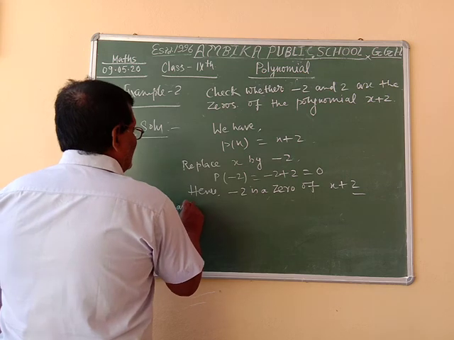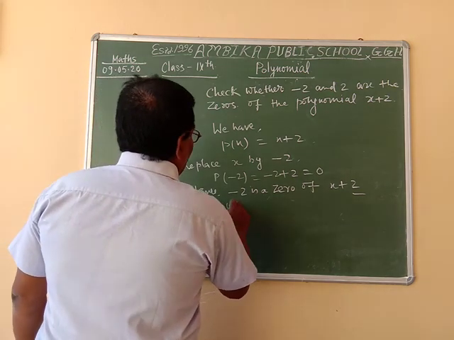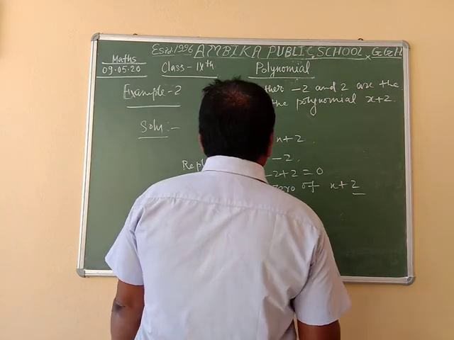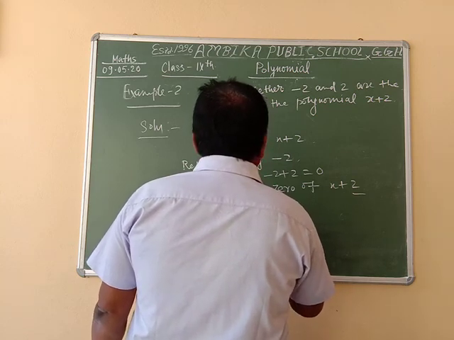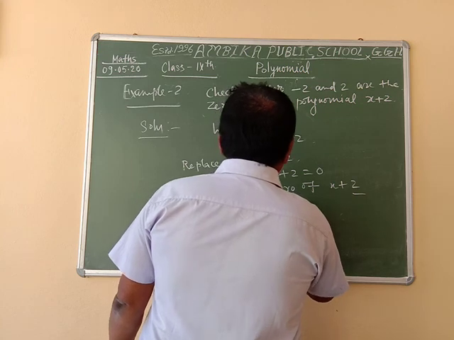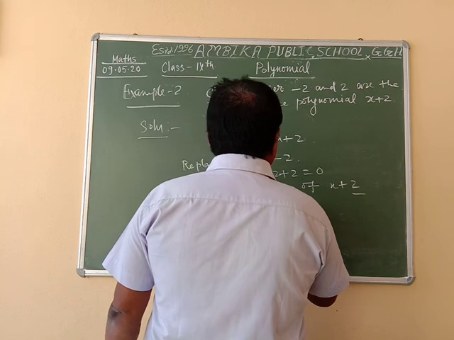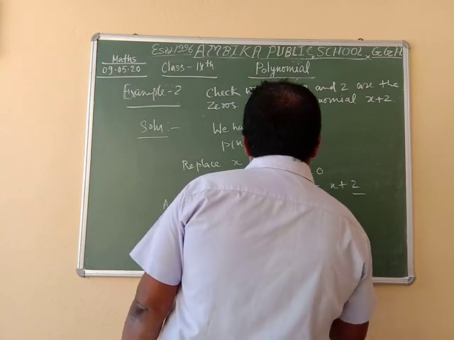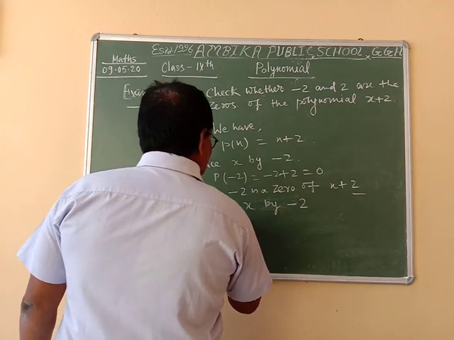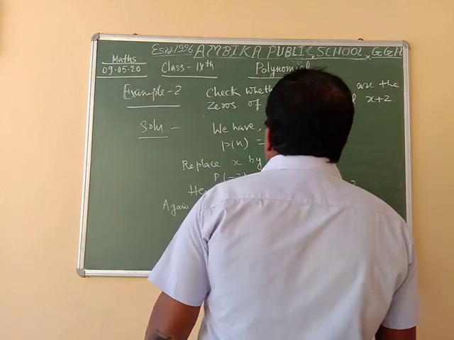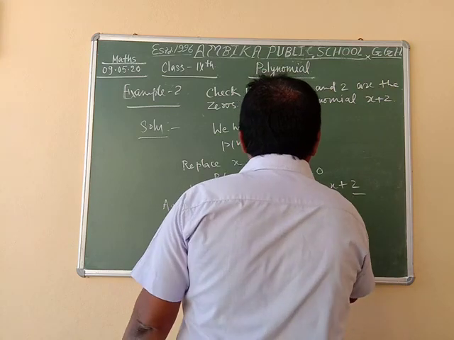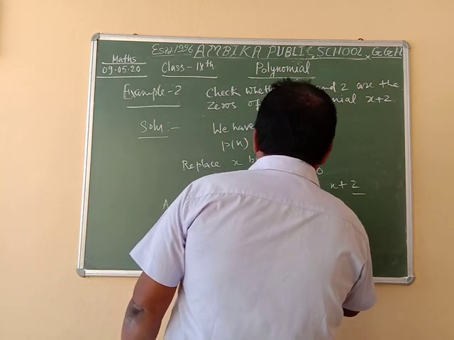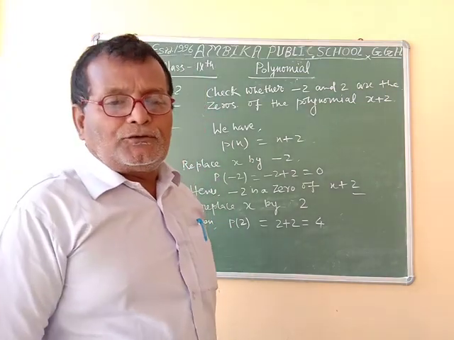Again replace x by 2. Then P(2) = 2 + 2 = 4.